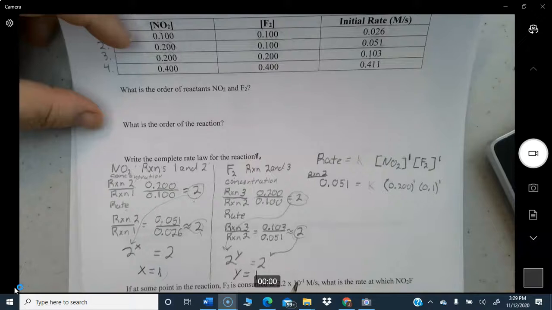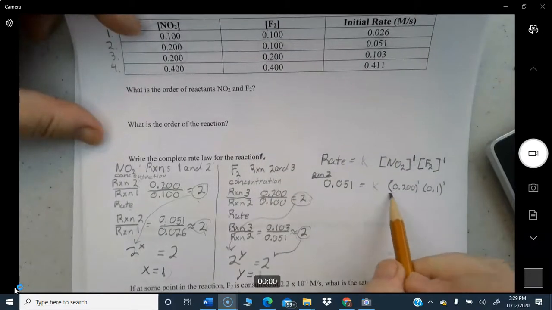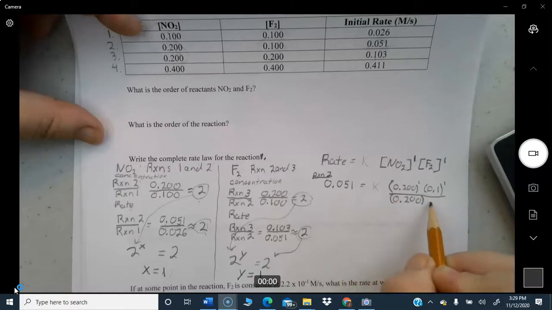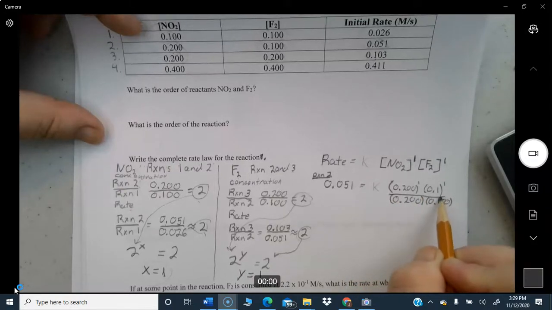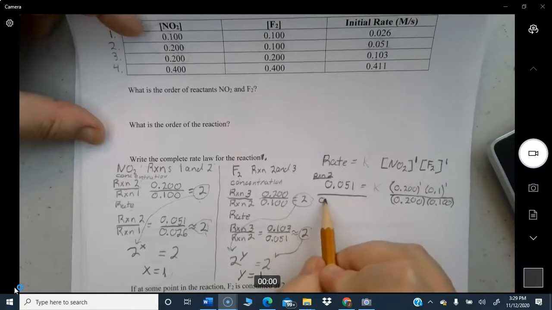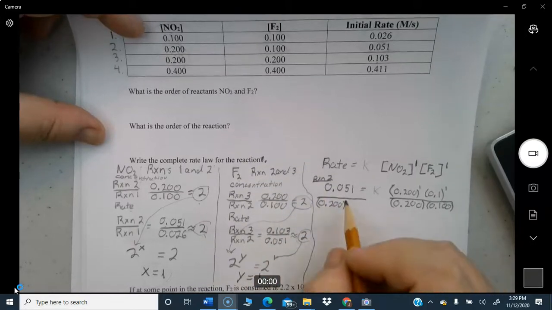All right, so now it's just a simple algebra problem. You divide both sides by these two. And that means you divide this side by those two as well. Just draw a line here so we're clear there.